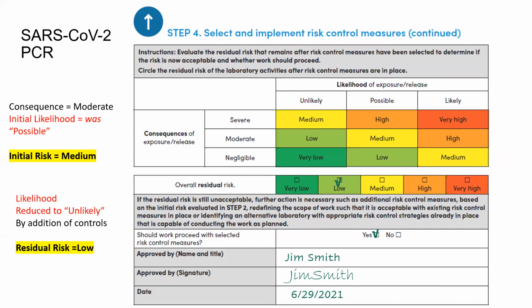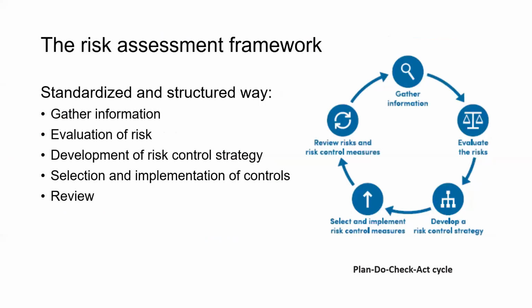And so they were able to reduce the likelihood to unlikely. And then they added those additional controls. And as you can see, if the likelihood is unlikely and the consequence is moderate, it is now a low risk. And so that is the last example.